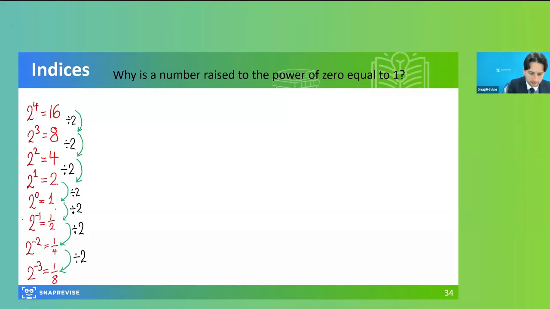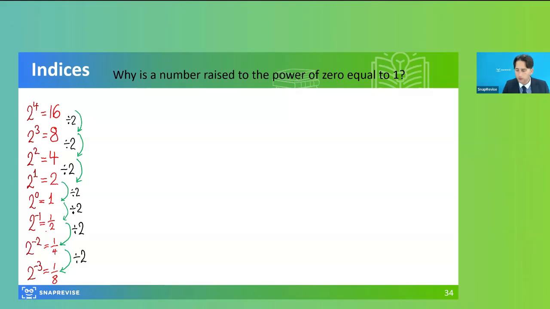And then the negative powers basically is a continuation of dividing by 2. So what we get is 1, and then 1/2, then 1/4, then 1/8. And so the negative powers actually mirror the positive powers, but in the denominator. And that's why the minus powers do the reciprocal. They sort of flip it, they turn it fractional.